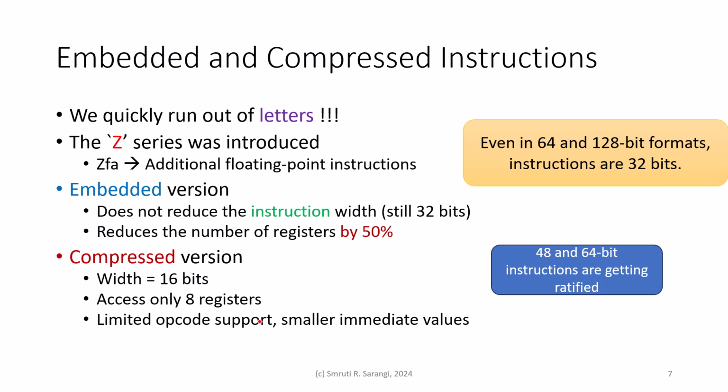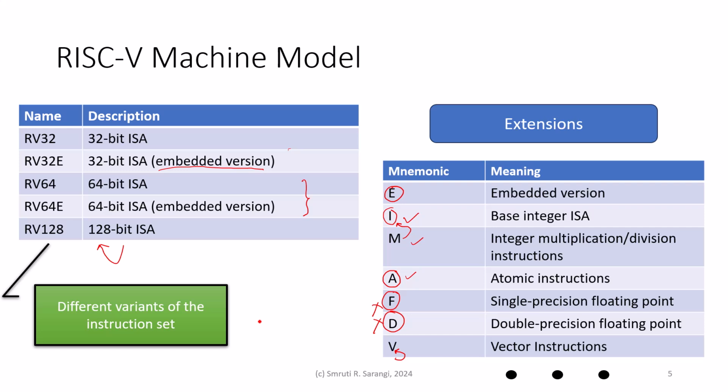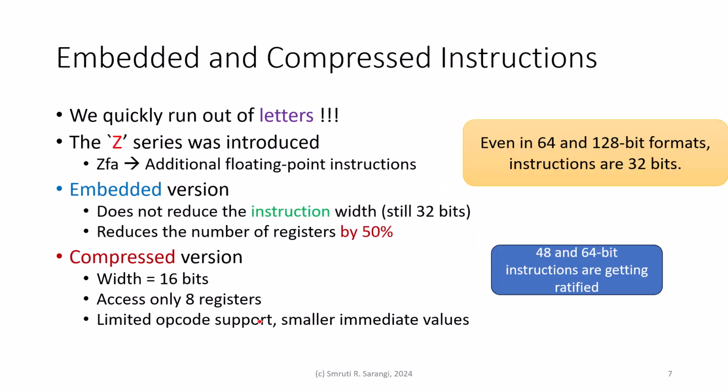So now the question is, what if we run out of letters? Because if you see here, we have single letters and there are only 26 such letters. So that is why the Z series was introduced. So what you can do is you can write a lot. So let's say if I write FA, for instance, these are additional floating point instructions. You can have additional integer instructions, additional memory instructions, and a lot more.